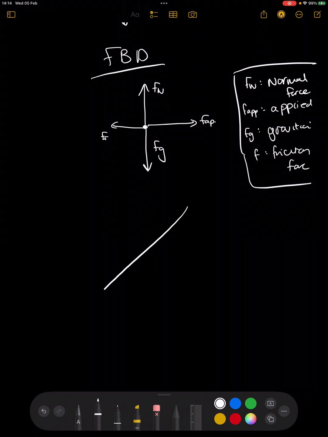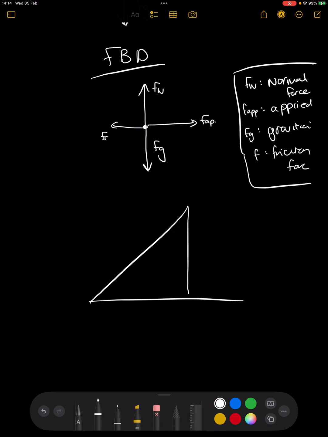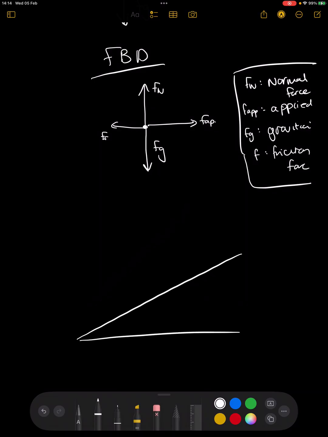If my box is on a slope like this, let me just draw it nicely. If it's on a slope like this, we have to remember that my FG is always going to be from the center straight down.